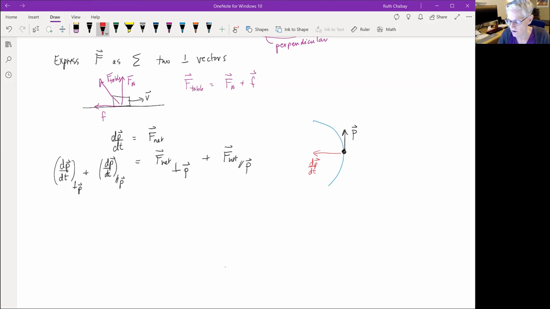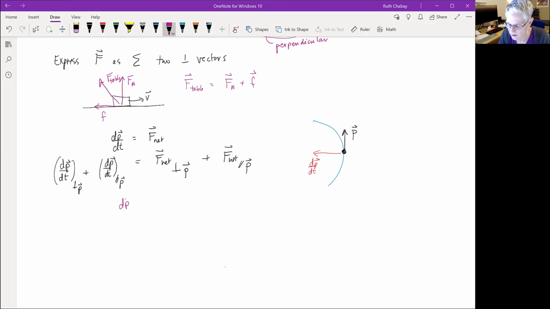And not very surprisingly, because of the property of direction having to be equal in a vector equality, we can actually then break down the momentum principle into two pieces.